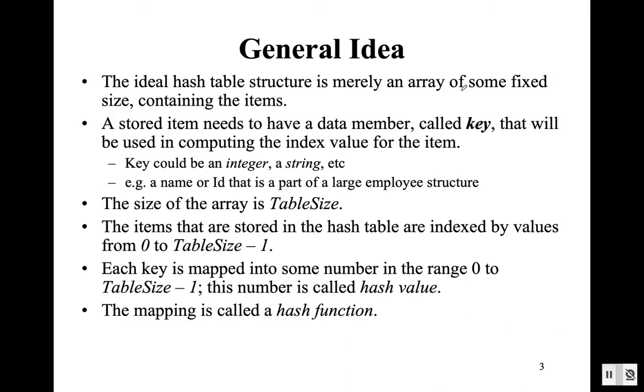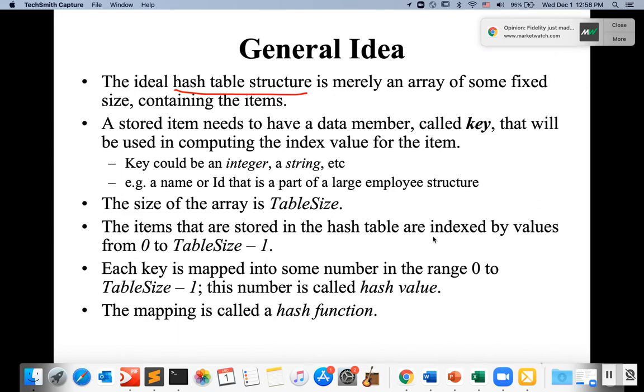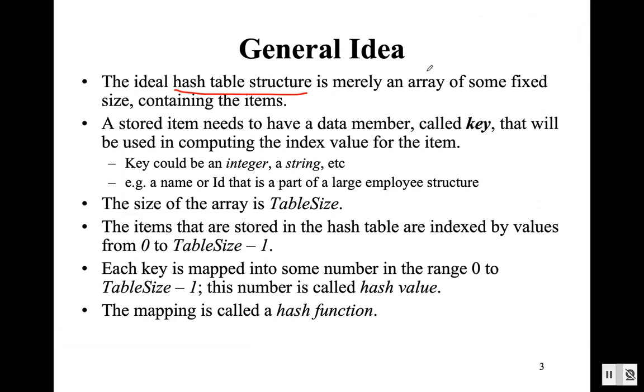The general idea of hash table: the hash table itself is the data structure. The hash table has a fixed size. It is an array of some fixed size. The item we are going to store in the hash table is known as the key, and this key will also be used to compute the index value for an item.